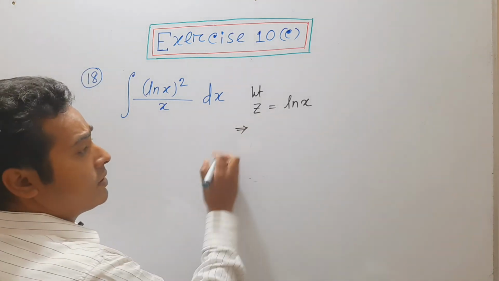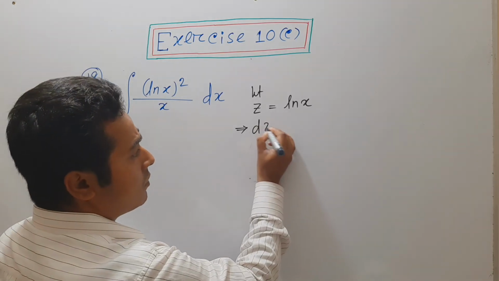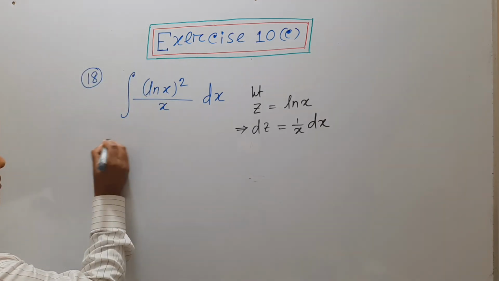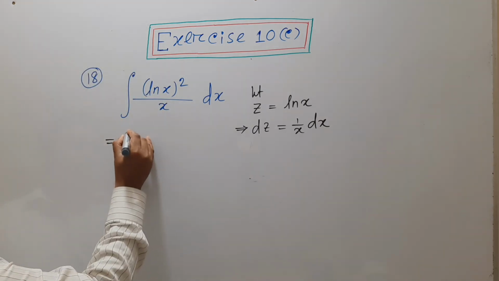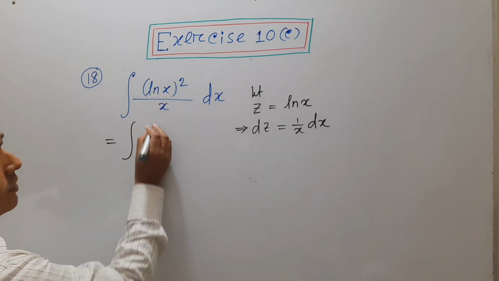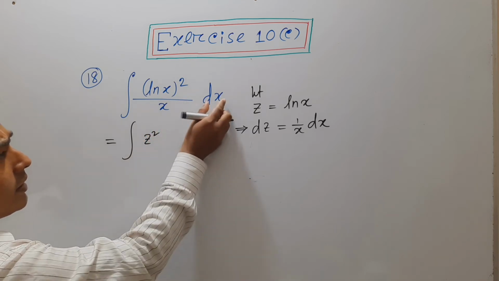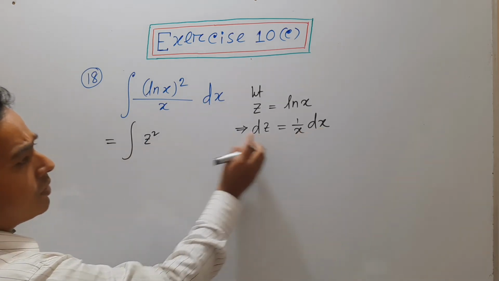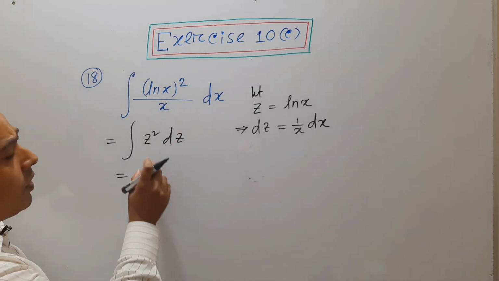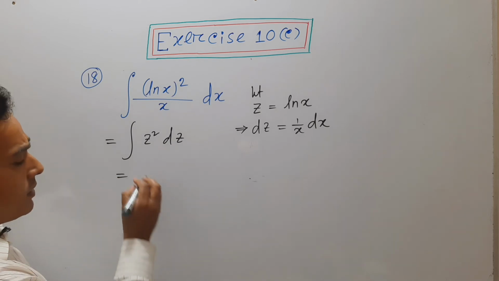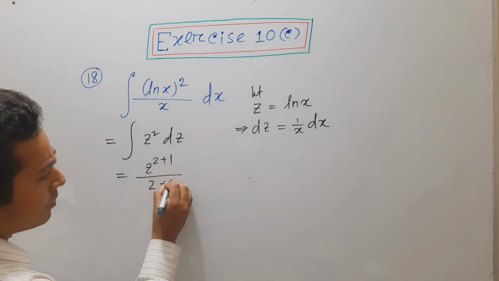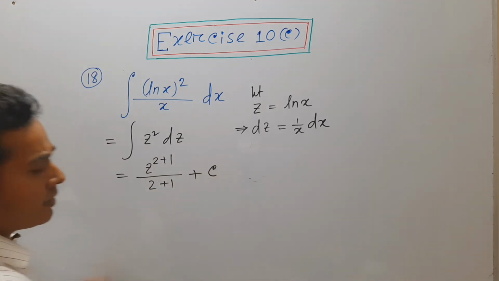Now here ln x is equal to z, so it will be z square, and dx divided by x is equal to dz. So according to the formula of integration of z to the power n dz is equal to z to the power n plus 1 divided by n plus 1 plus integral constant c.